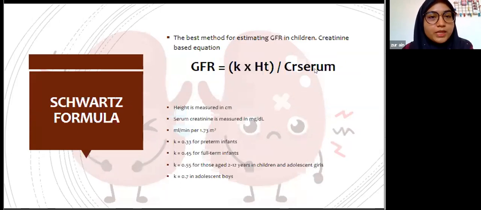The equation is GFR equals K, which is the value that we take according to the age of the pediatric patient, as listed below, times the height of the patient, divided by the serum creatinine, and that's how we get the estimation of the GFR in pediatrics.